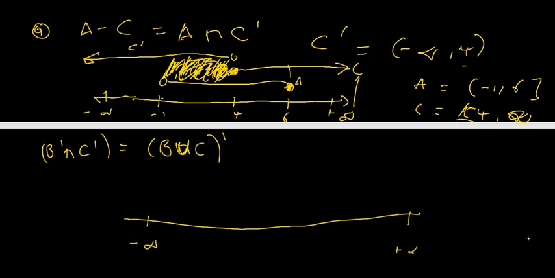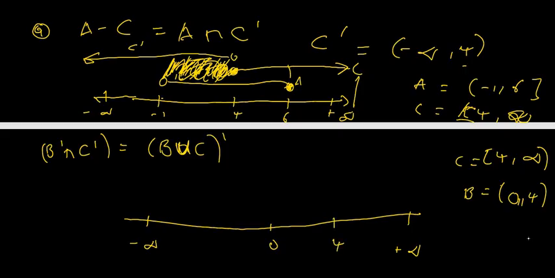So we can write down here where we have our C. We know C is from 4 to infinity. Then our B, like in the question, is from 0 to 4. Okay, so we can show this now on the Venn diagram.